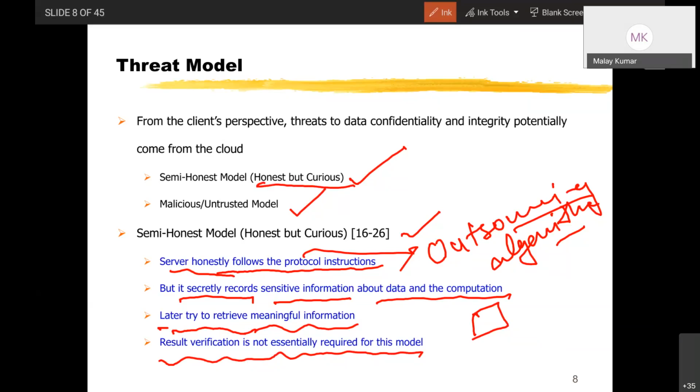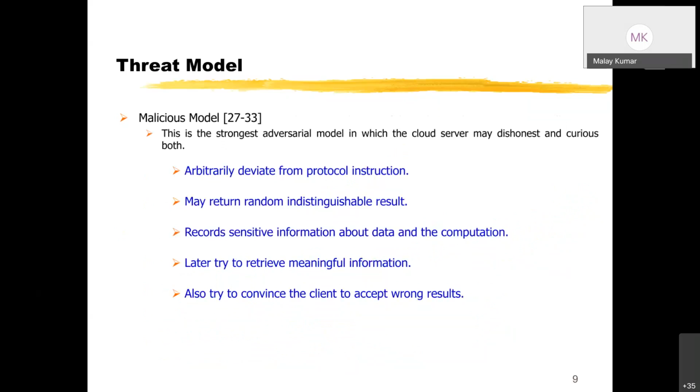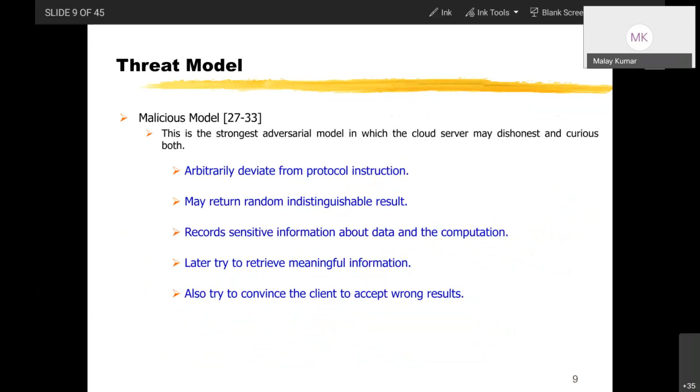Let's see the other model, known as the fully malicious model or untrusted model. This is the strongest adversarial model, in which the cloud server may be dishonest and curious at the same time. If the cloud server is dishonest, it will not follow the algorithm.